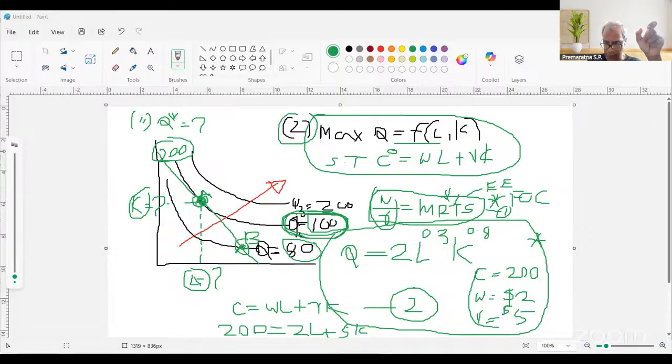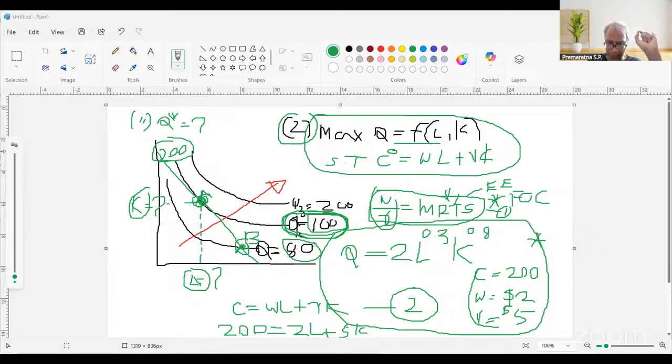The optimal point here is, if you start with this, what I call the direct method, you get this point.